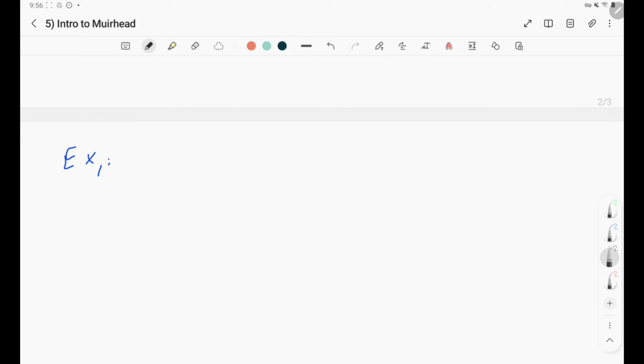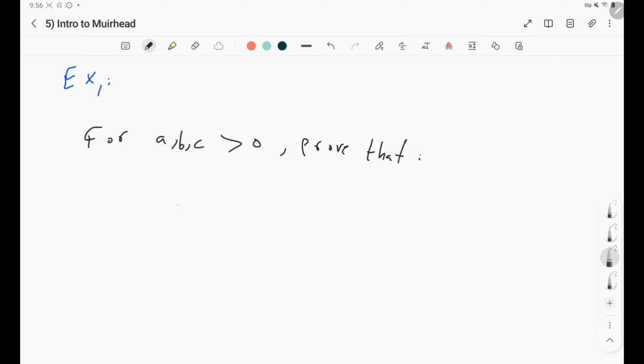We need to prove for positive numbers a, b, c the following inequality: sigma a square is greater than or equal to sigma ab. Of course, this one we already proved before in the AMGM lesson. It was super simple.